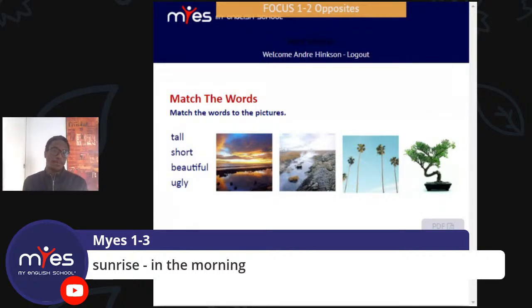It depends on the type of sunset. But generally, sunsets are very, very beautiful. Yeah, it's a positive thing. I love sunsets. And also sunrise. A sunrise is normally beautiful too, but for me, I think the sunset is more beautiful. Good, excellent. So we've got beautiful for the sunset.